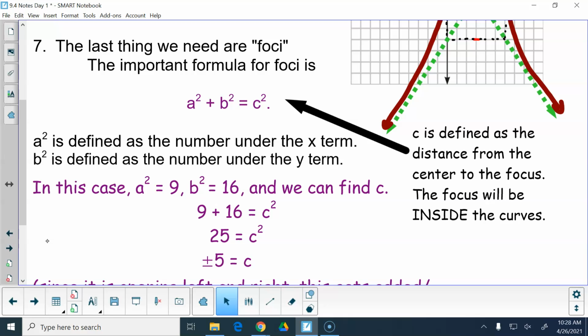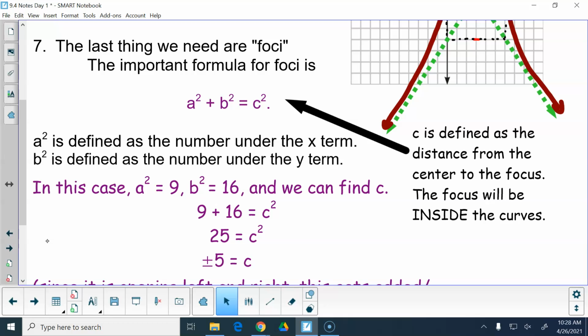So in this particular case, we had 9 for a squared. We had 16 for b squared. 9 plus 16 is 25.